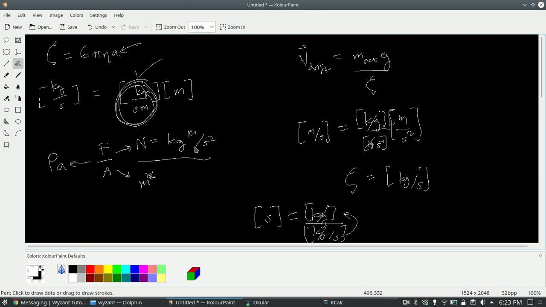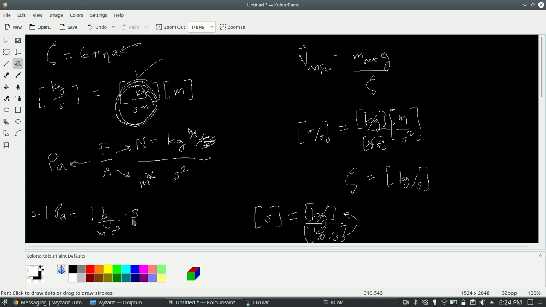Well, one of these meters cancels with one of these meters, and these seconds go down here. So it's really kilograms per meter per second squared. That is what a pascal is. But we have kilograms per meter per second, not per second squared. So we need to multiply both sides by a second.